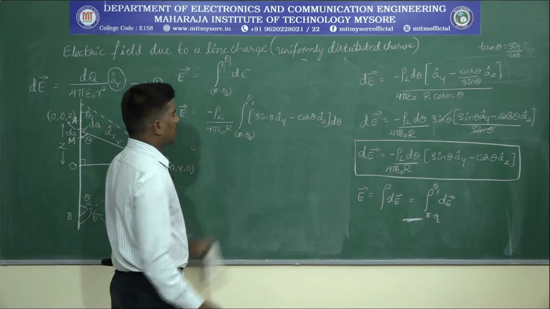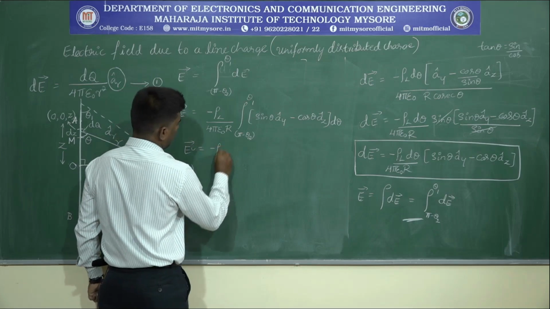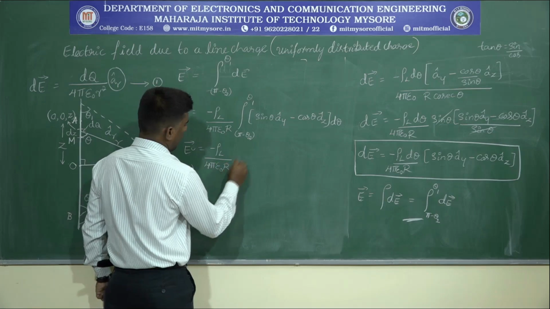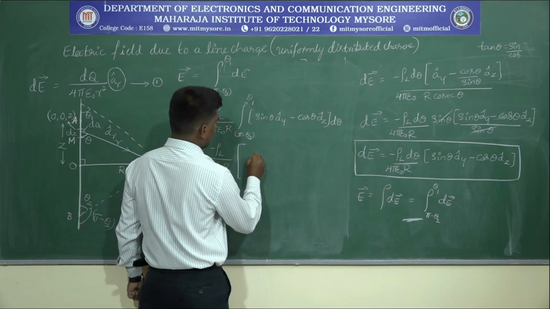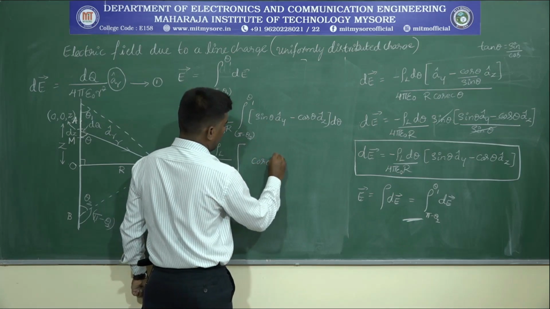Integrating with respect to theta gives minus rho L divided by 4 pi epsilon naught into R. On integrating this, see, what is the integration of sin theta?